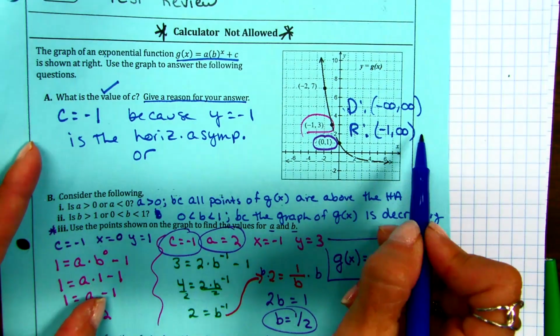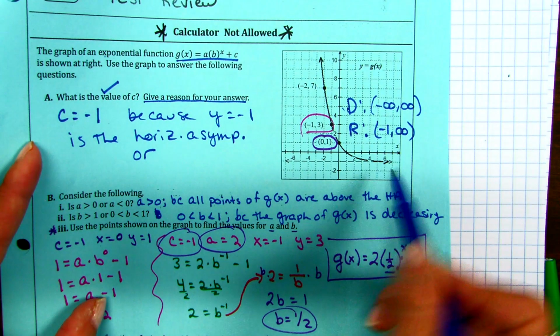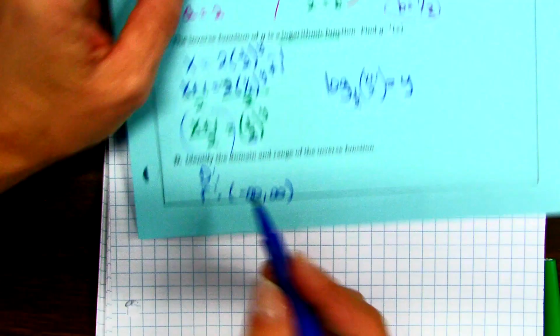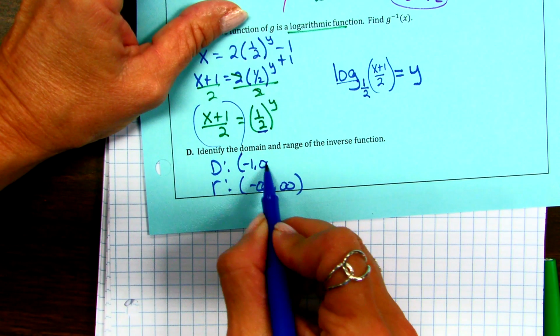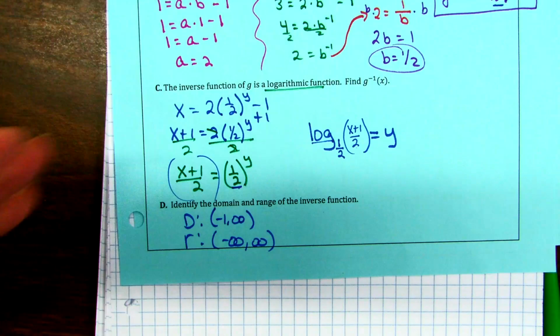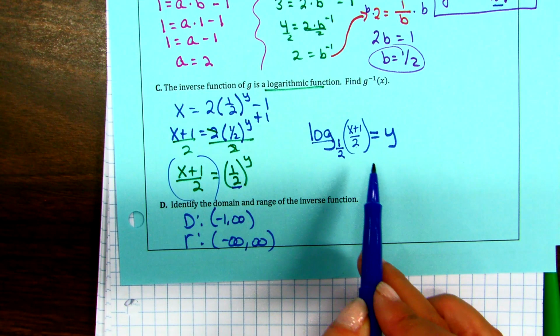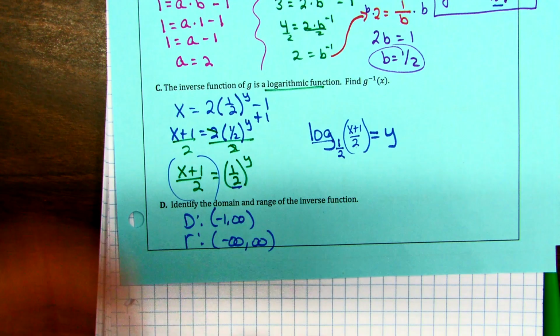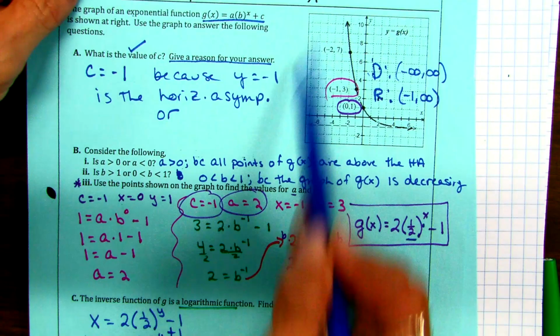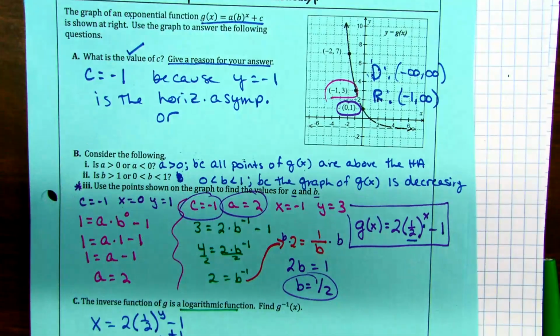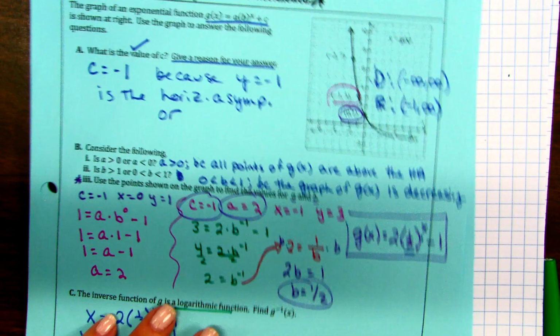Remember, least to greatest, negative 1 to infinity, so that would flip it here to this, right? Because there's no calculator, you can't put this in your calculator and look at the picture. Use what you have. You know that these are inverses of each other, and you guys have been doing a really good job with domain and range. So if you know domain and range of this one, you can just flip it to find the inverse. Okay, that's your FRQ tomorrow.